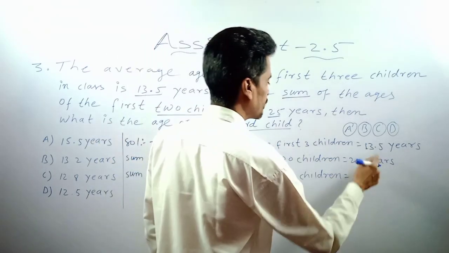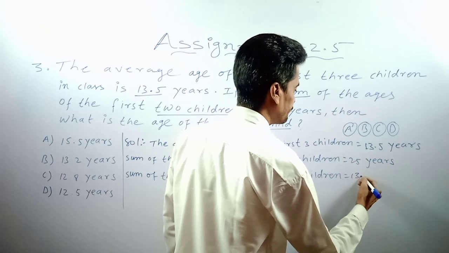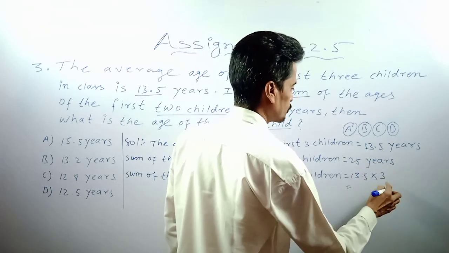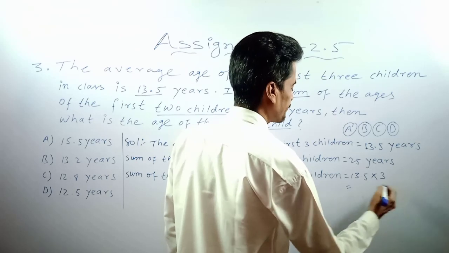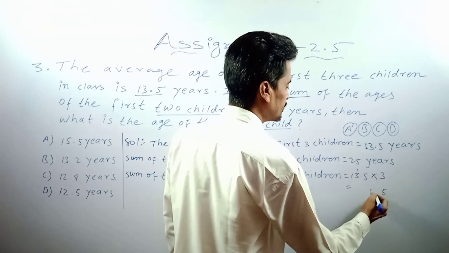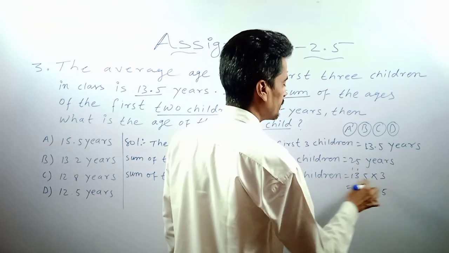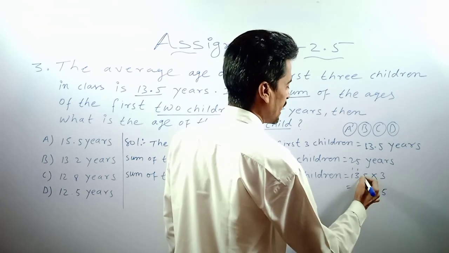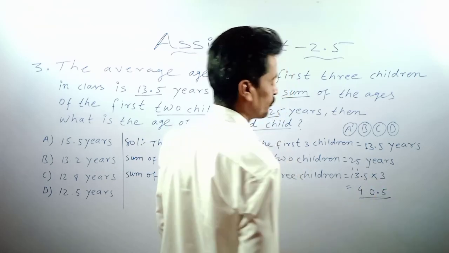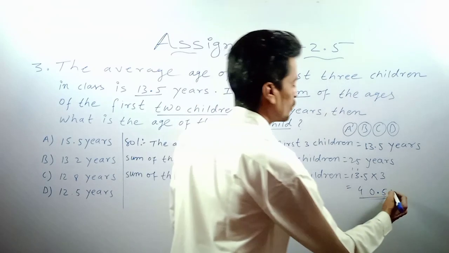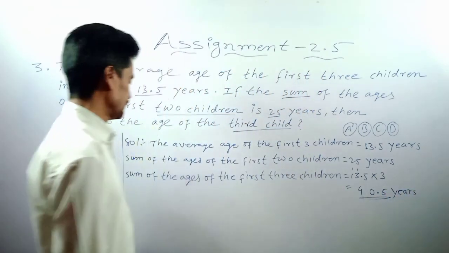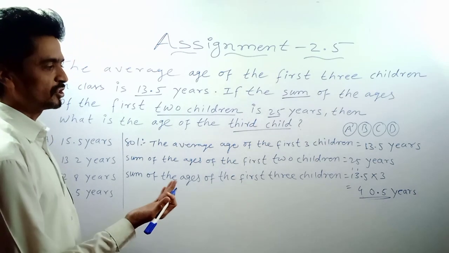What is the average? 13.5 into number of children 3. 3 5s are 15. Carry 1, 3 3s are 9 and 1 is 10, so 0. Carry 1. 3 1s are 3 and 1 is 4. And after the decimal point 1 number. 40.5 years. It is the sum of the ages of the first 3 children.